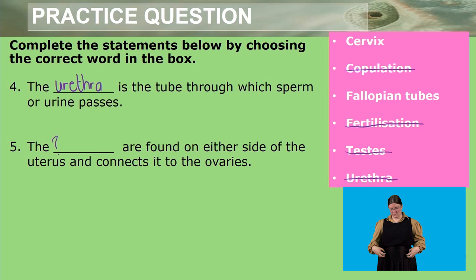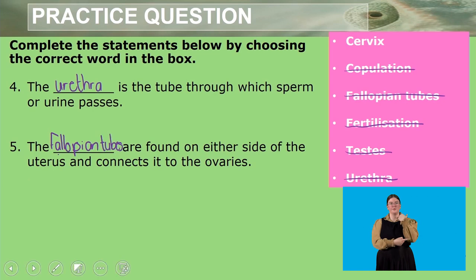We know that cervix is the neck of the uterus, so we can use fallopian tubes, and we know that they do connect the ovaries and the uterus, and this is the path that the egg cell or the ovum has to follow to reach the uterus. Fallopian tubes.